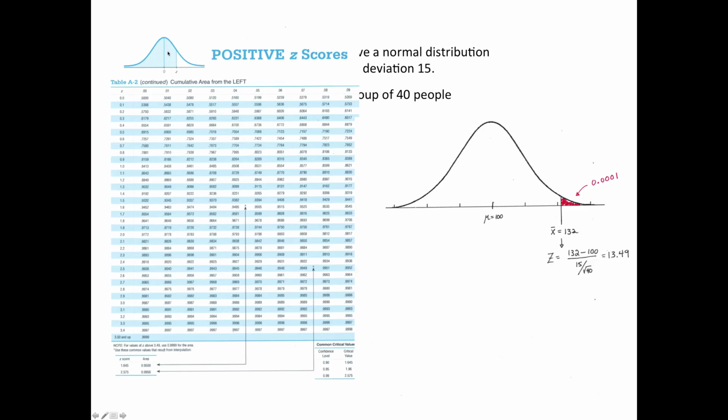That means the left side is 0.9999, so the right side is 1 minus that, which is 0.0001, a much smaller answer than we got before, just as predicted with the very first example.